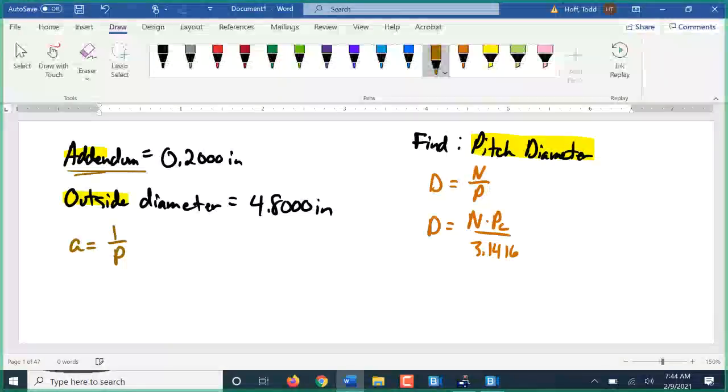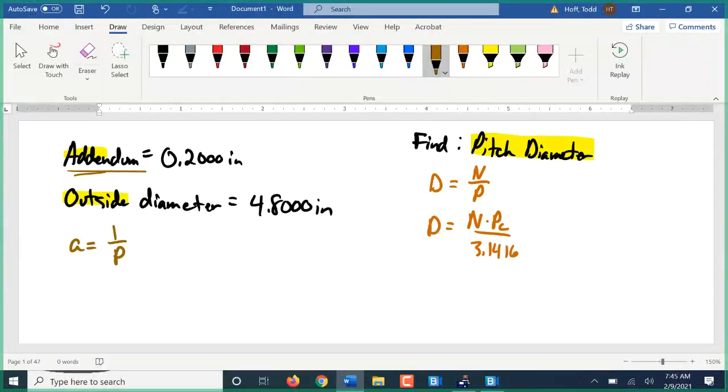Now there's an asterisk by that. Some of these formulas are only good for a certain style of gear. I believe it's, what is their degree? 14.5 degree? Yeah, 14.5 degree convolute gear. So the 14.5 degree defines the taper of the teeth of the gear.